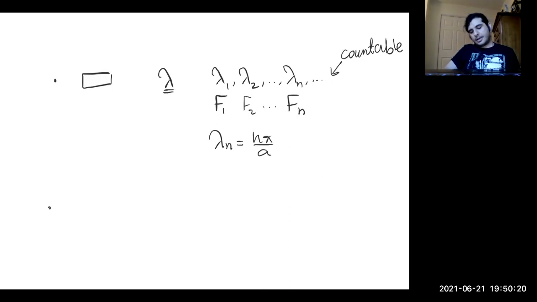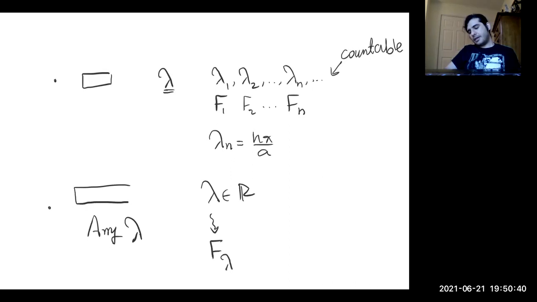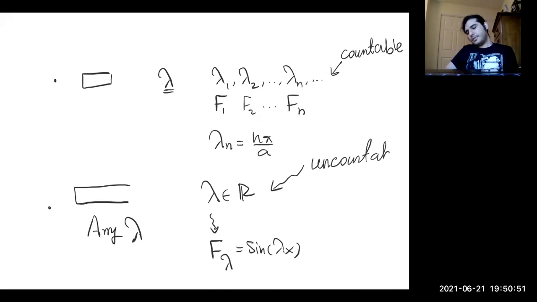Here, in the case where this goes to infinity, any lambda is acceptable. There is no condition anymore. So every real number lambda is acceptable for us, and we would have a corresponding function f lambda, which is sine of lambda x. So we have now uncountably many possible values for lambda. Okay, that's the real difference.